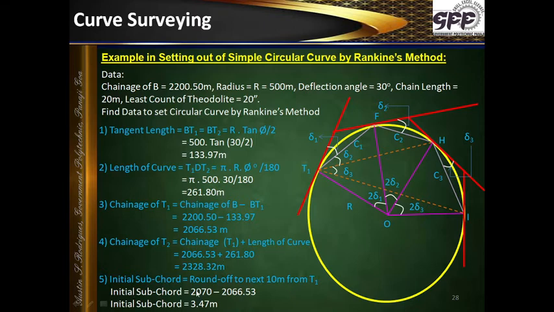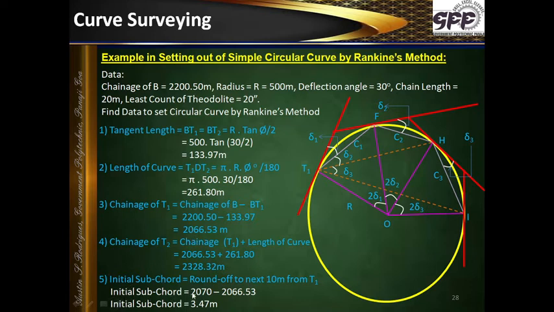Initial subchord. Now this is one of the most important things. Initial subchord is the one which we use for rounding off from the chain edge T1. See, chain edge T1 over here is 2066.53. The next rounding off to the next 10 meters would be 2070.